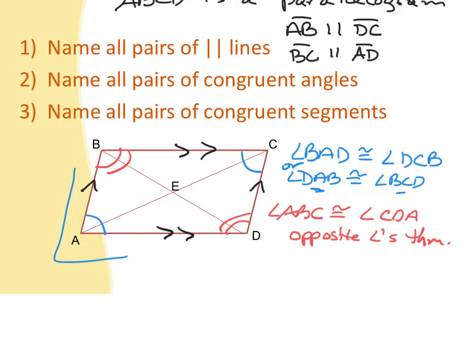All right, next, because I have parallel sides, because this side is parallel to this side, I can use my diagonal, and it becomes a transversal, making alternate interior congruent angles.